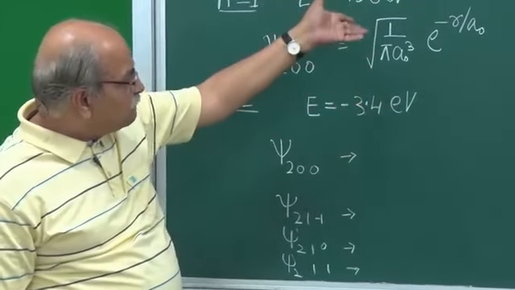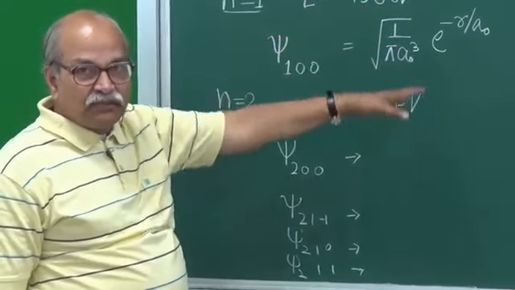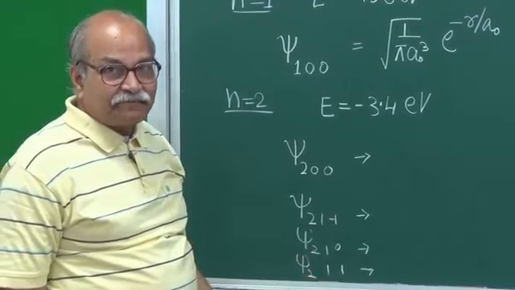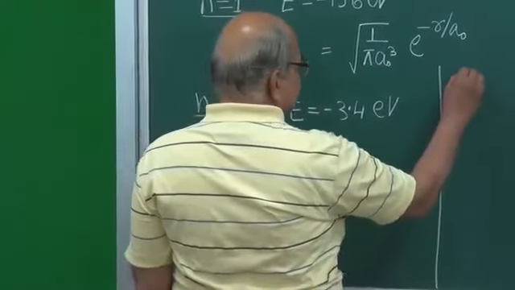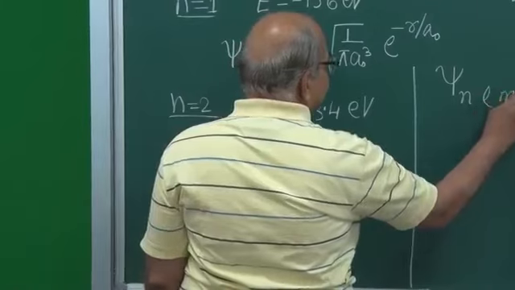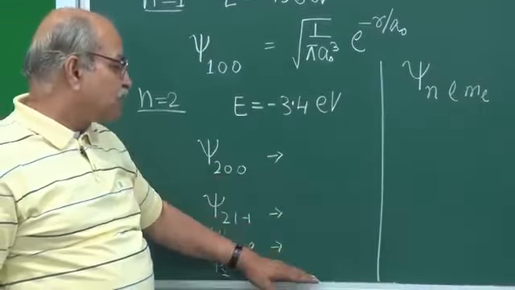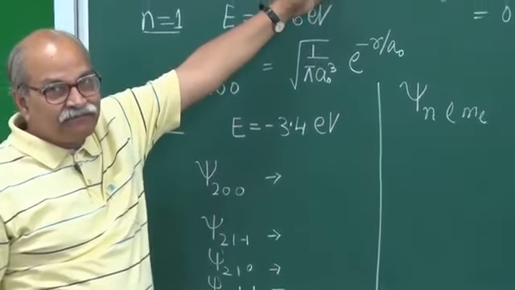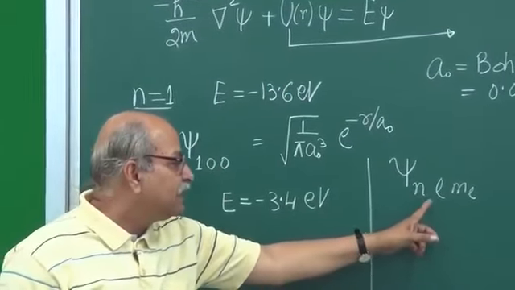And similarly, if you go for other energies, n equal to 3, n equal to 4, the number of independent wave functions will keep on increasing. So what we write is this as psi n, L and ml. These allowed wave functions which correspond to fixed energy can be written in terms of these 3 parameters n, L and ml.